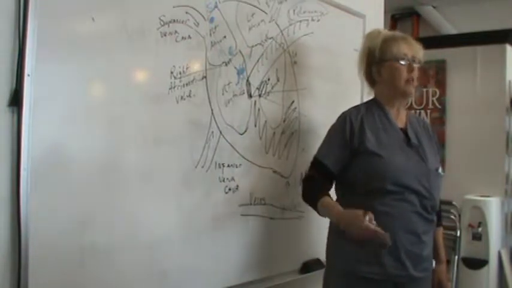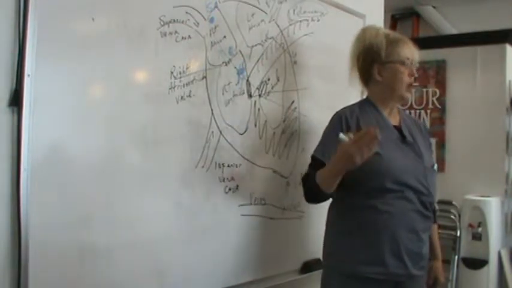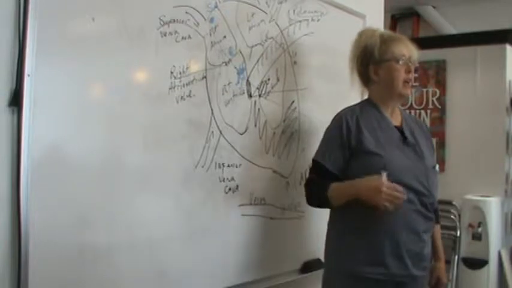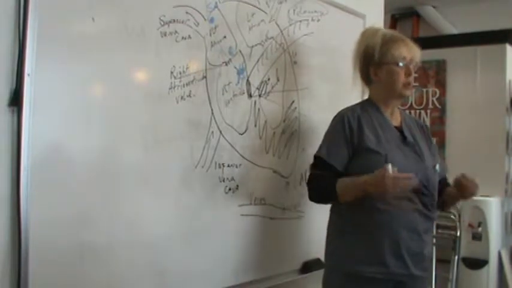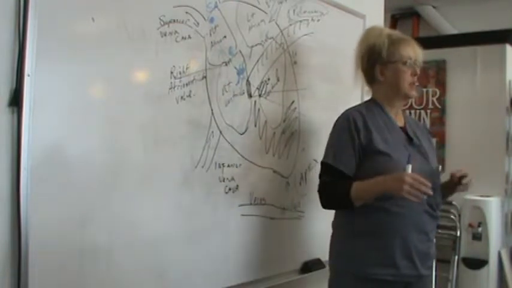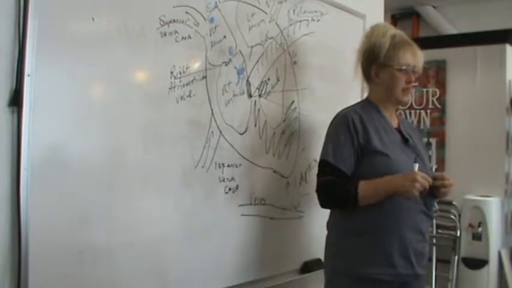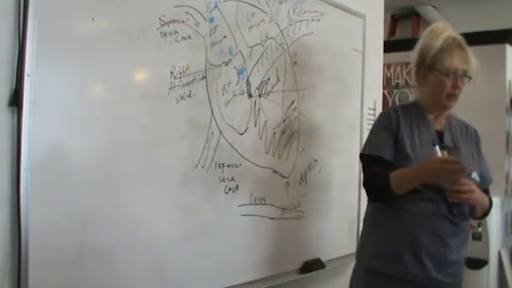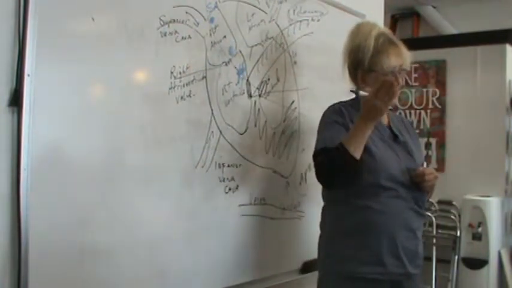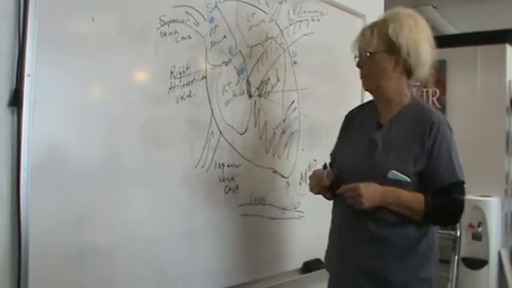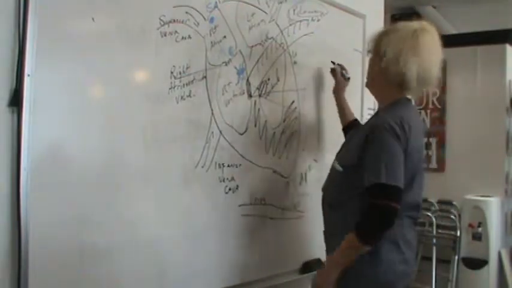You can't do 20 beats per minute. You don't generate enough pressure to push the blood to the brain and the rest of the body. God bless you. That's something we'd have to put the person in for cardioversion to get it up a little bit, if we can get it beating.